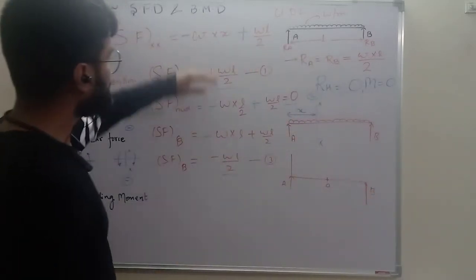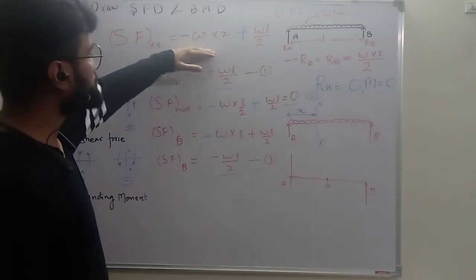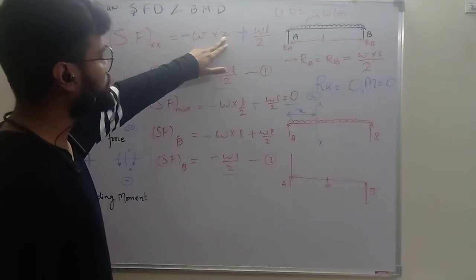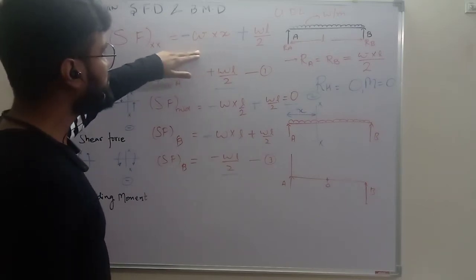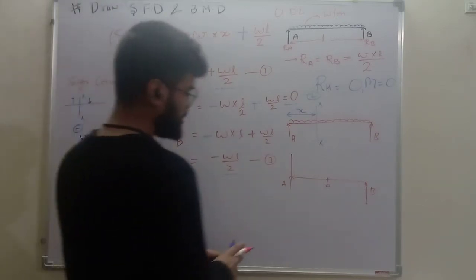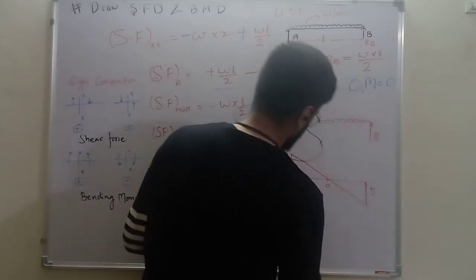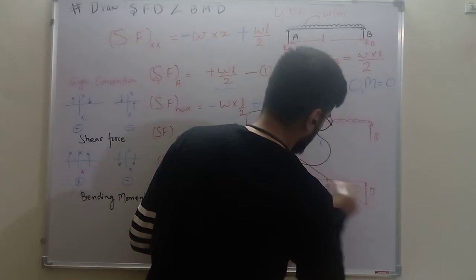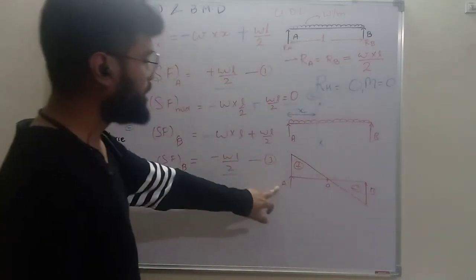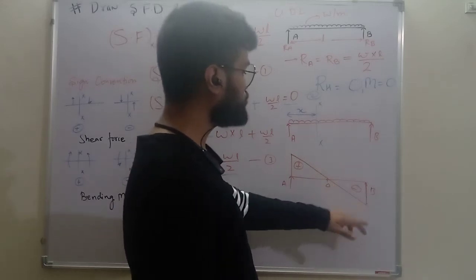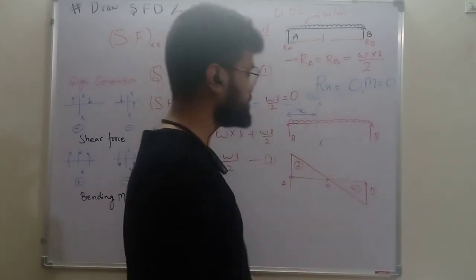If we see this equation, we can see that it is a linear equation having one variable x. So it will give us a straight line. It means that the shear force will have a straight line like this. Positive here, negative here. From A to O, the shear force will decrease, and then from the mid position to B, it will also decrease.